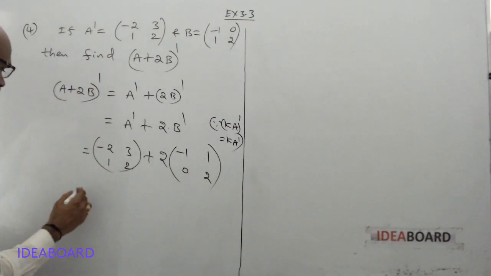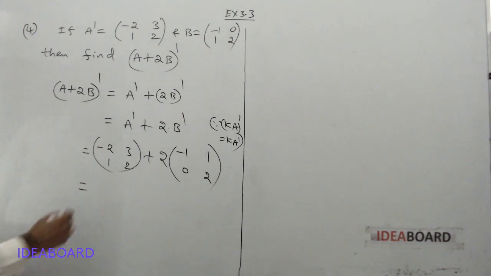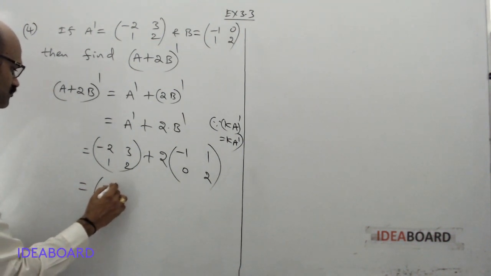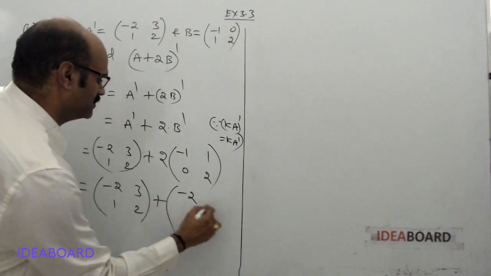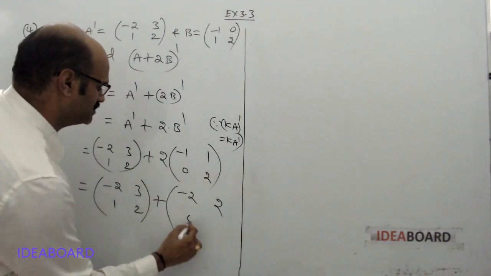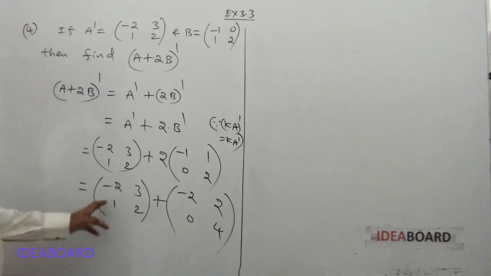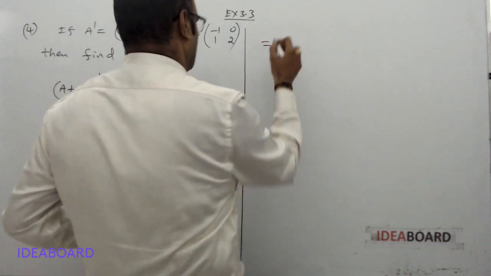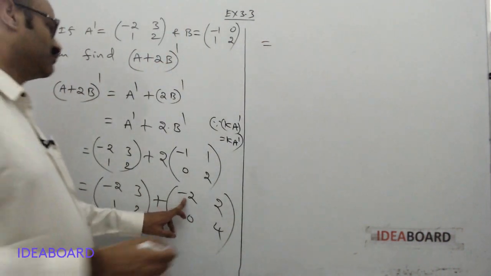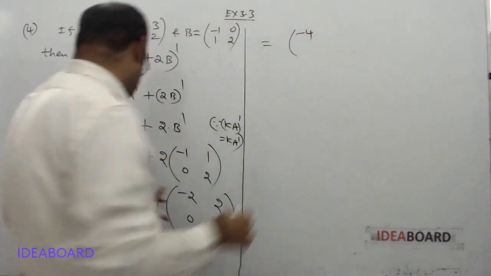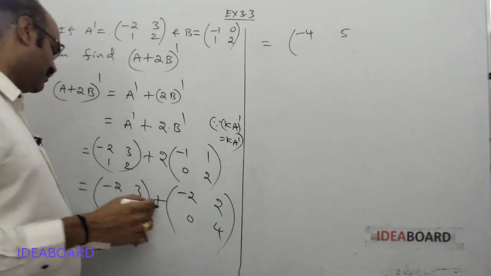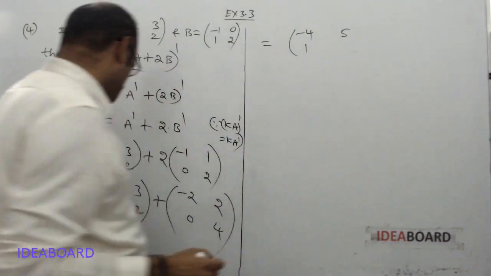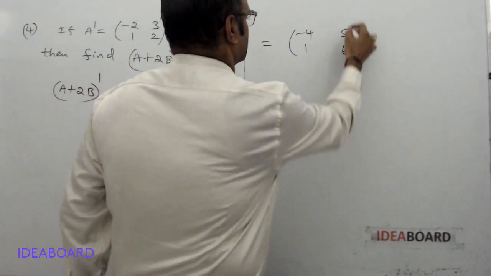It implies it's equal to minus 2, 3, 1, 2 plus minus 2, 2, 0, 4. It implies it's equal to minus 2 minus 4, 3 plus 2 is 5, 1 plus 0 is 1, 2 plus 4 is 6.